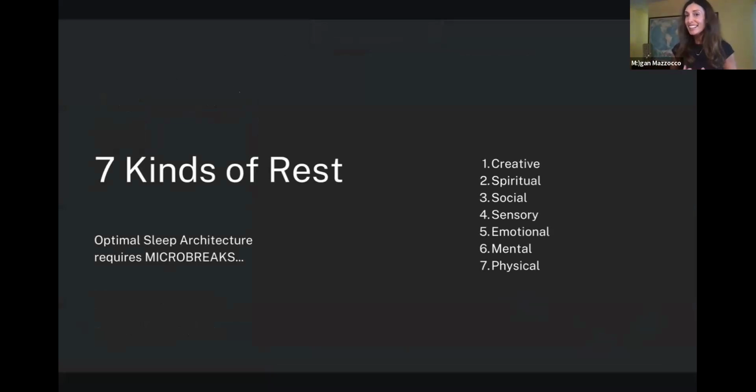So, like I said, I discovered that creative rest is one of 7 different kinds of rest. The woman who studied this was Dr. Sandra Dalton Smith, an internal medicine physician who continued to practice 80 hours a week after she had 2 children.